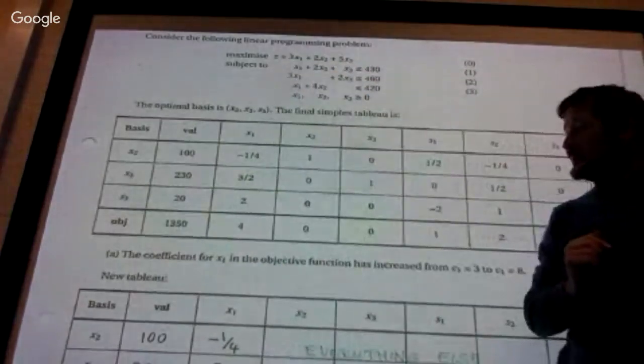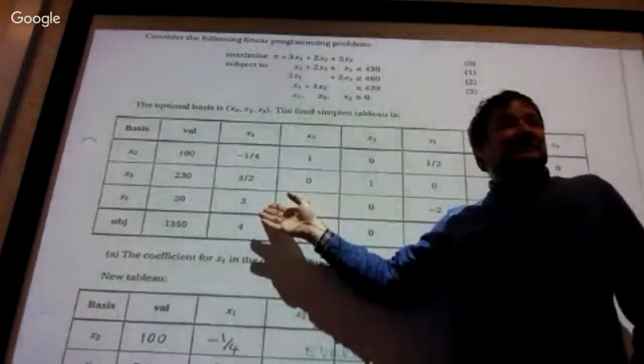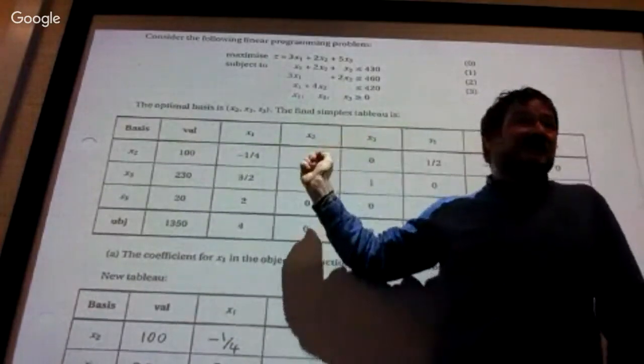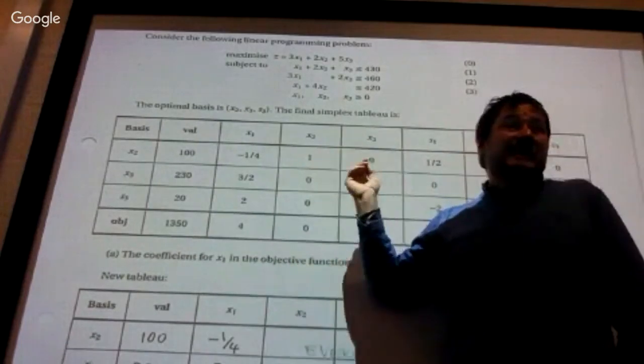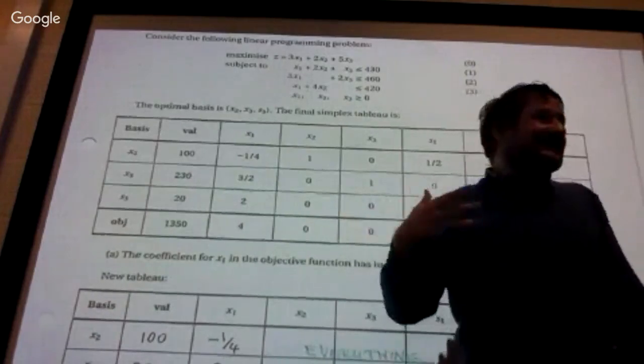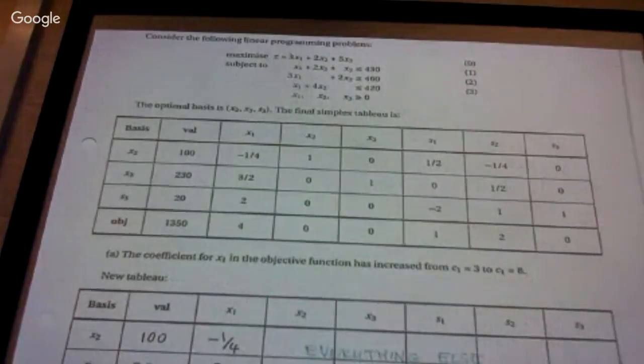So this 4 is telling you that if the profit on a unit of the first product increased by at least 4, then perhaps it would make sense to start producing some of it. And this kind of interpretation is called the shadow. No, not the shadow price. What's it called? I forget. It's called the reduced cost.